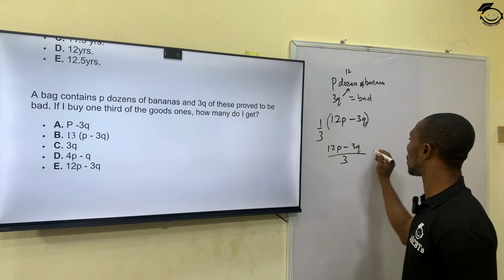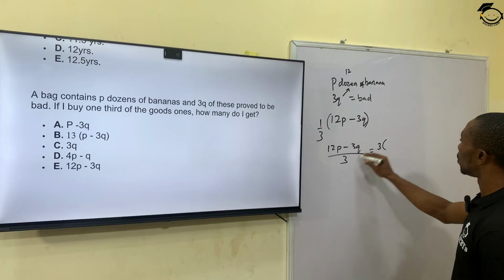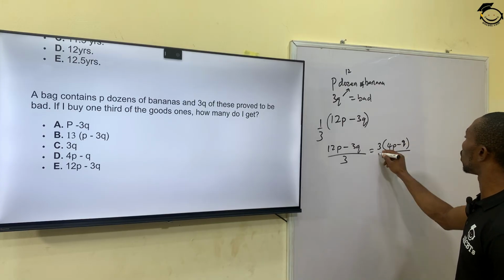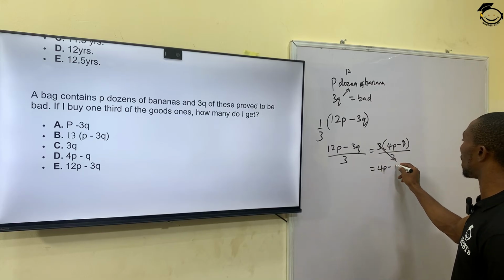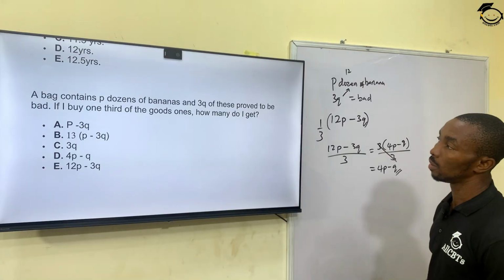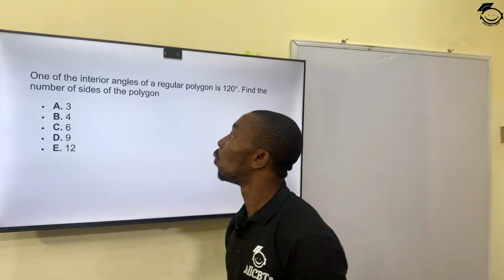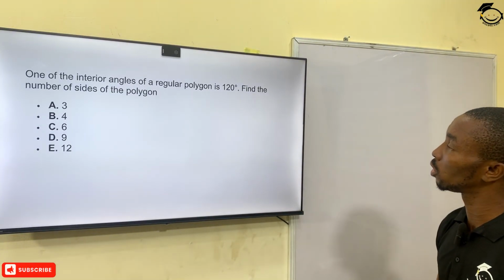Now, factorizing this, what is common here is 3, so 3(4P minus 1) all over 3. So for the good ones, we have 4P minus 1 as the value, which is option D.